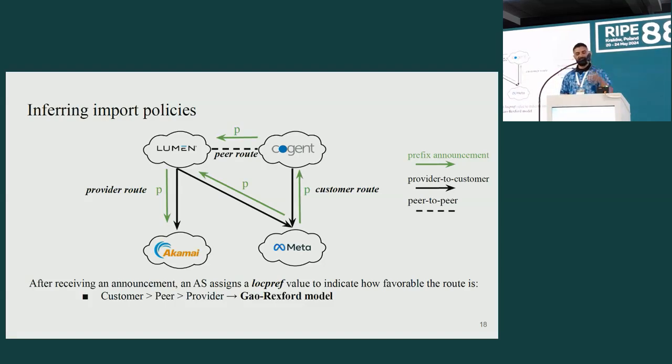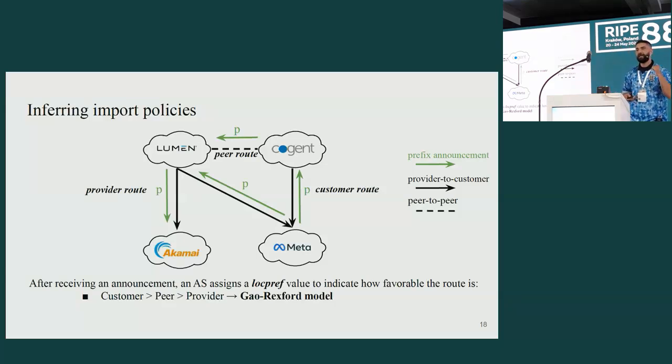The most important thing that happens in the import policies phase is the assignment of a local preference value to those routes. An autonomous system assigns a local preference value to indicate how favorable that route is. For example, Lumen needs a system to decide which route to follow to reach the destination.